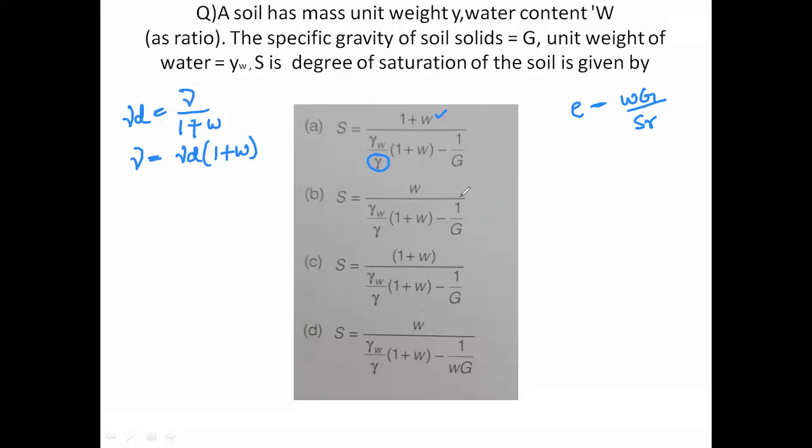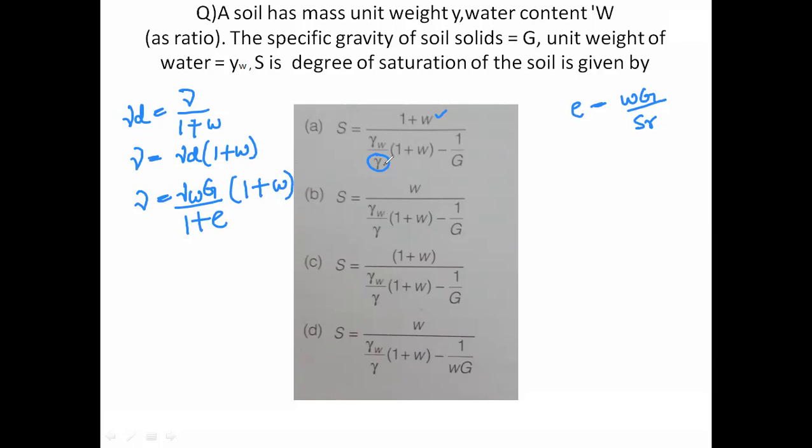Then I will expand this one. Gamma d is equal to gamma w G divided by 1 plus e, which is equal to gamma into 1 plus w.